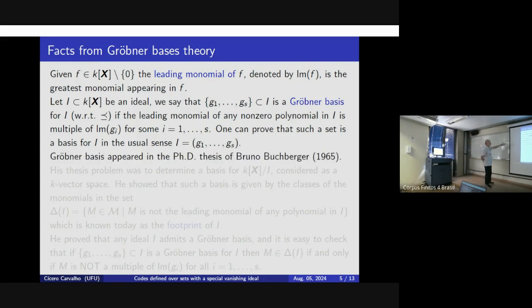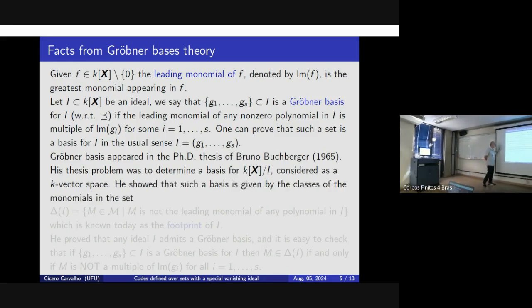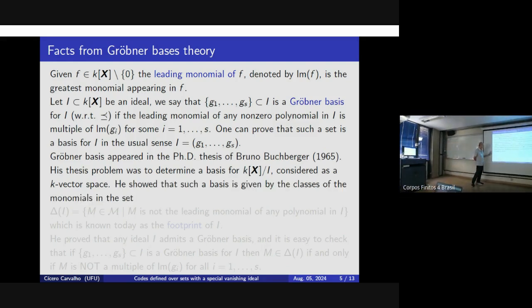Gröbner basis appears in the thesis of Gröbner, and his thesis problem was to determine a basis for this quotient ring, considered as a k-vector space. He showed that such a basis is given by classes of monomials.